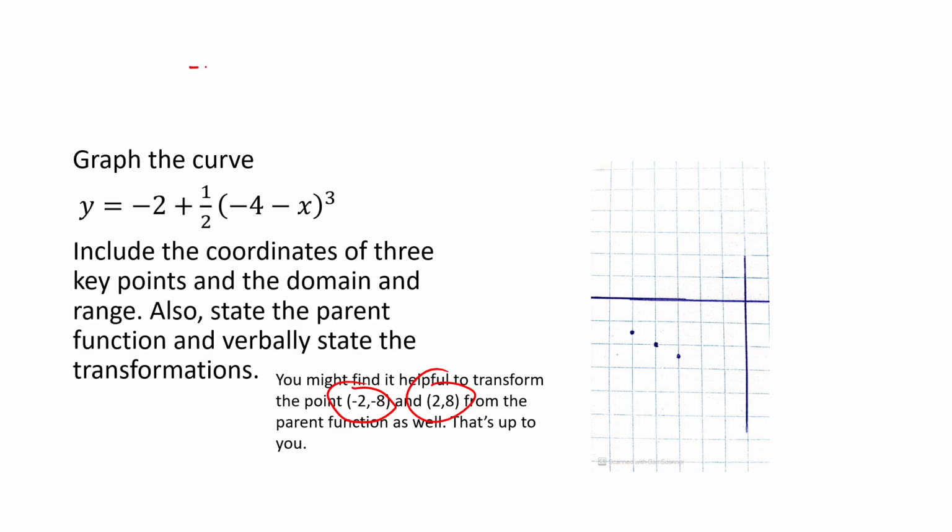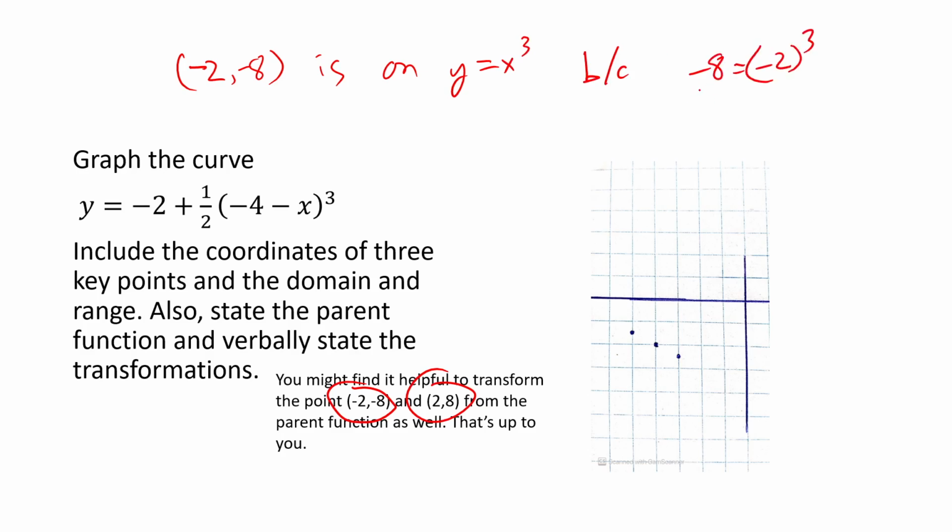Well, the point -2, -8 is on y equals x cubed because -8 equals (-2) cubed. And similarly, 2, 8 is on y equals x cubed because 8 is equal to 2 cubed.